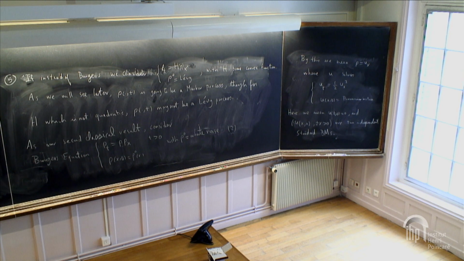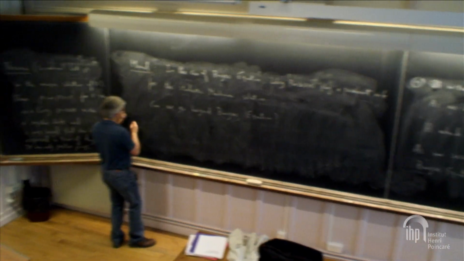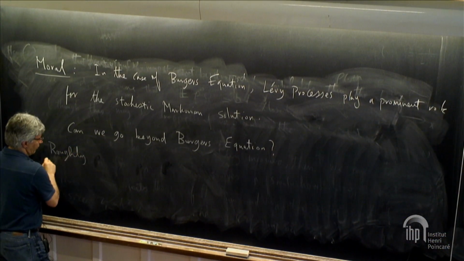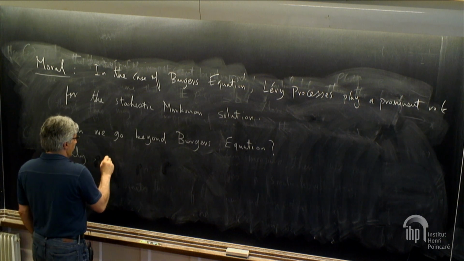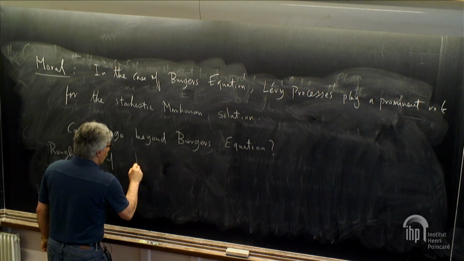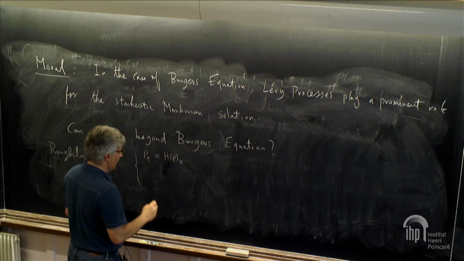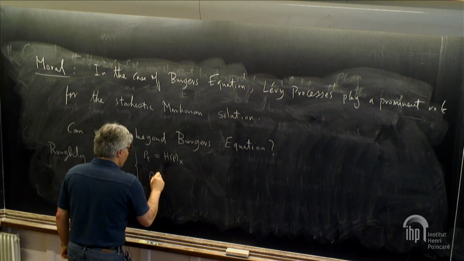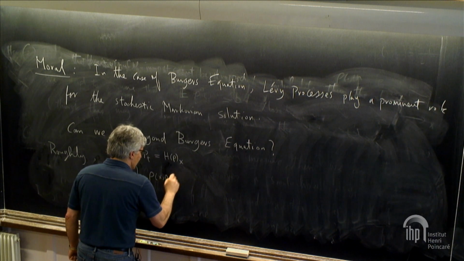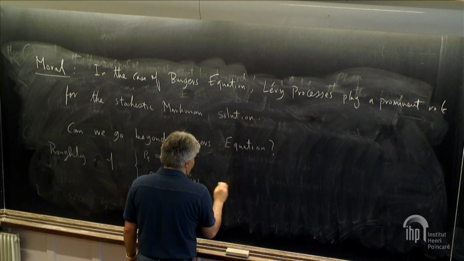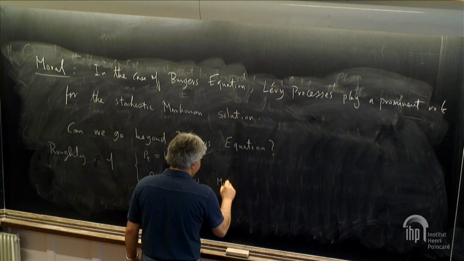And the general theme is that roughly, if rho_t = H(rho)_x, and rho(x,0) is, say, rho_0(x), and this is a suitable Markov process.